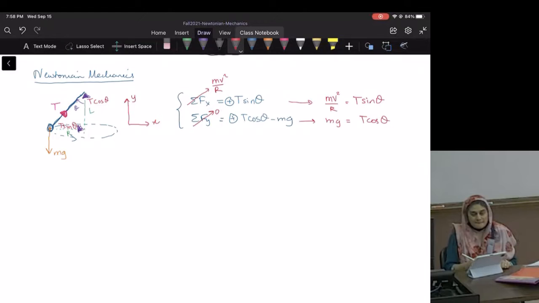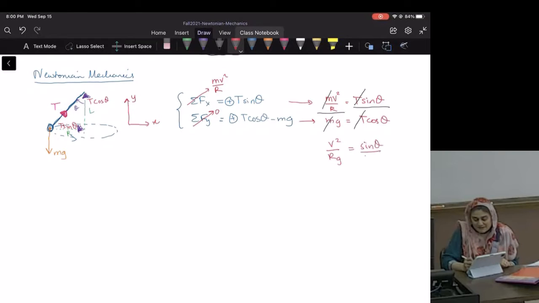Yes? And can I divide both equations? Get rid of those T's, and the m's go away. So then what will you get? You will get v squared over rg equals sine theta over cosine theta. It's just tangent. Wonderful.